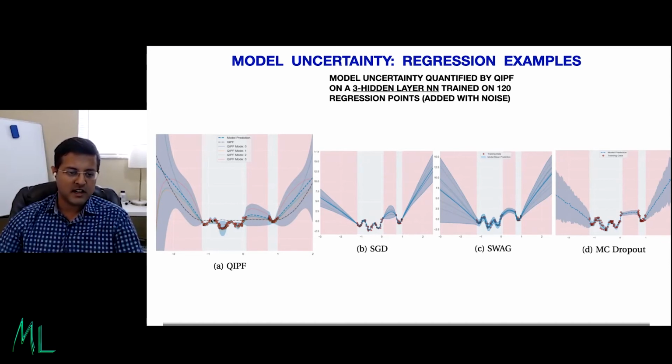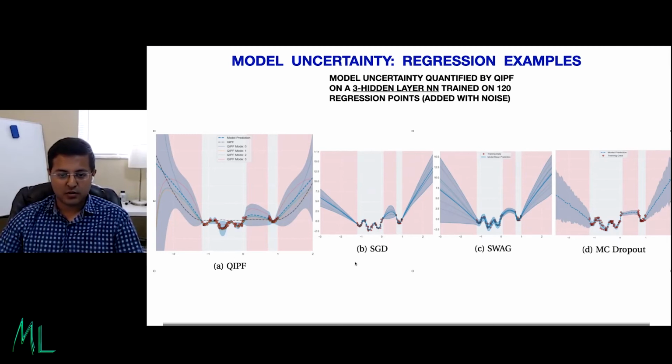Here the training samples are represented by the red dots, and the pink regions denote regions in the data space where the model has not undergone any training. You see here that the QIPF is able to discriminate those regions in terms of uncertainty very well from the training regions. That is, it shows high uncertainty where the training samples are not present, and that uncertainty increases as you move away from the training region.